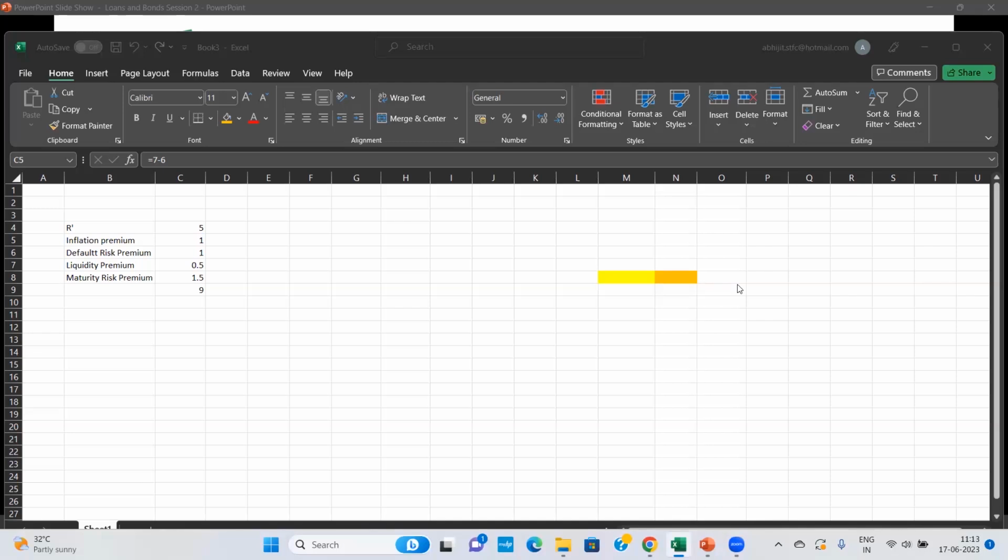Credit rating is one part. Next, what kind of risk premium is getting added for which the rate of interest is going up? Lower cost of capital is one part.